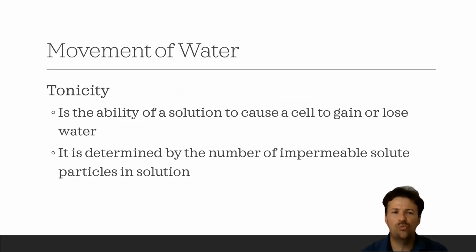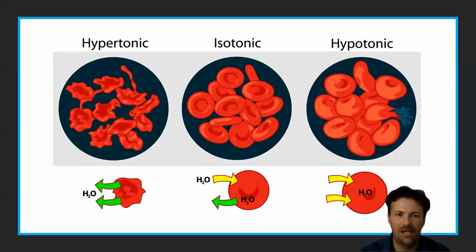Now let's talk about the word tonicity. Tonicity is the ability of a solution to cause a cell to gain or lose water. It's determined by the number of impermeable solute particles that are present in the solution. To explain this, we'll use a classic example of a red cell placed in a solution.